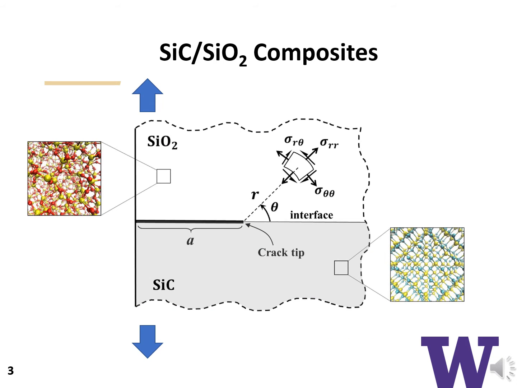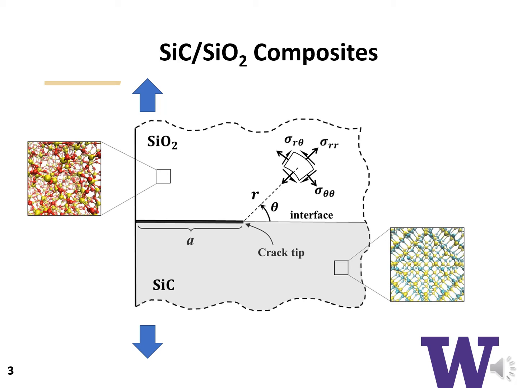We chose SiC-SiO2 composite as the model system. Ceramic composites with SiC-SiO2 interface find applications as microelectronics and semiconductors. However, like other bonded components, performance challenges are inevitable due to high density of defects existing at the interface of the SiC-SiO2 composites.